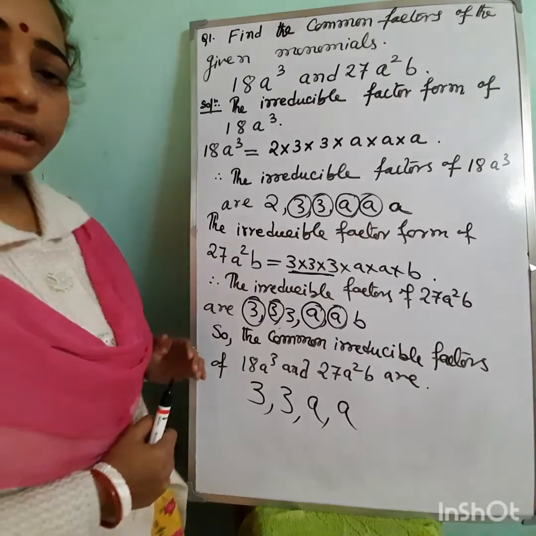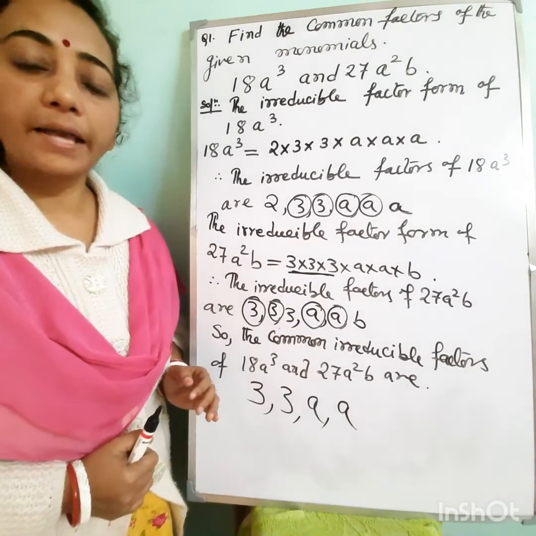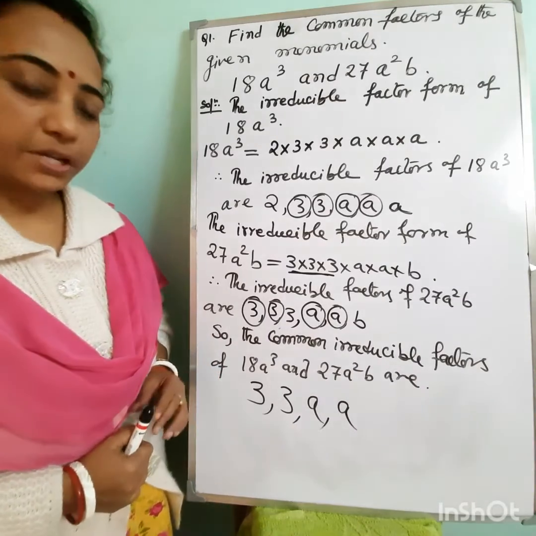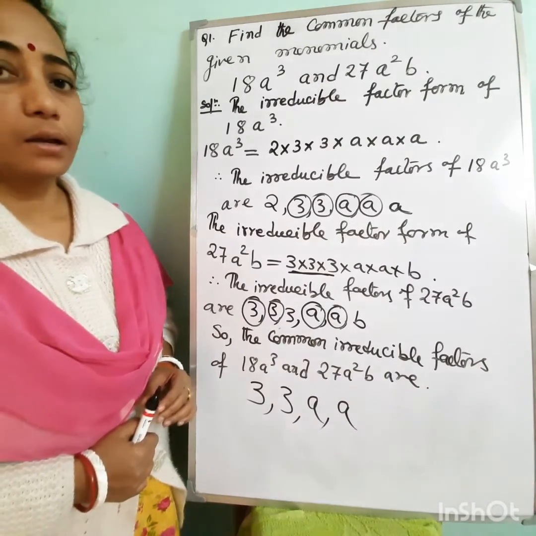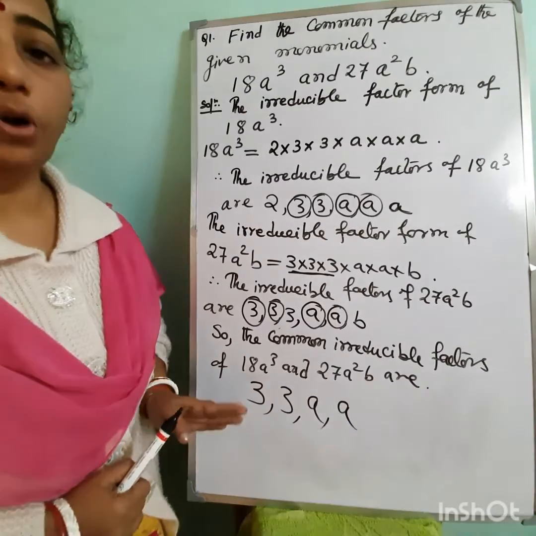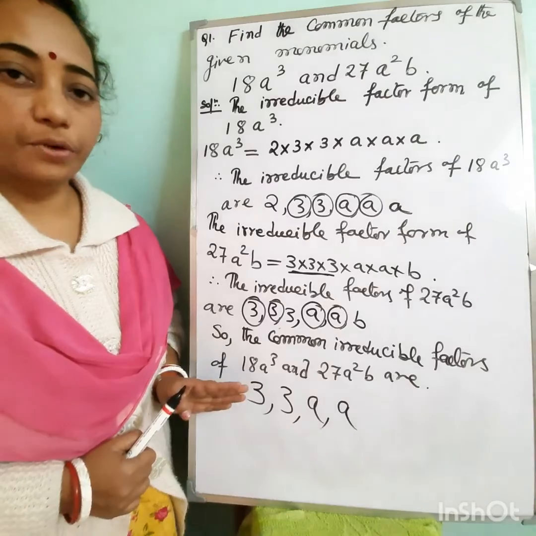Now, if it is asked to find the highest common factor of these two monomials, then we simply multiply the common irreducible factors of these two given monomials.